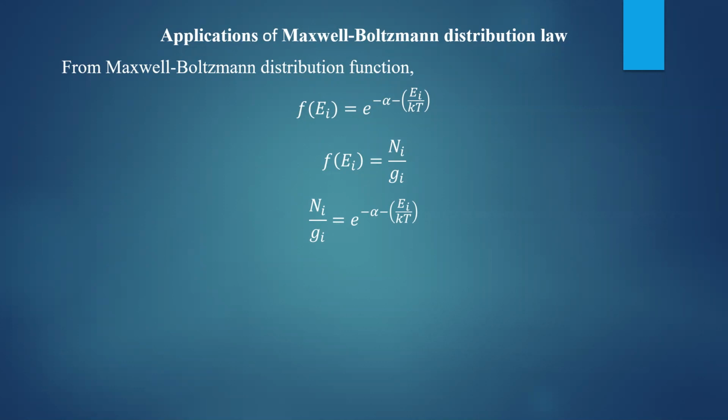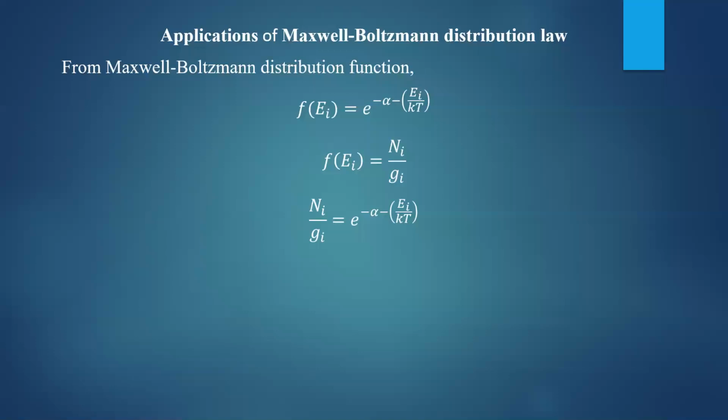Here Ni is the number of particles in the ith state, Gi is the number of available states in the ith state, and Ei is the energy of the ith state. Alpha and beta are undetermined, non-zero multipliers. k is the Boltzmann constant and T is the absolute temperature.